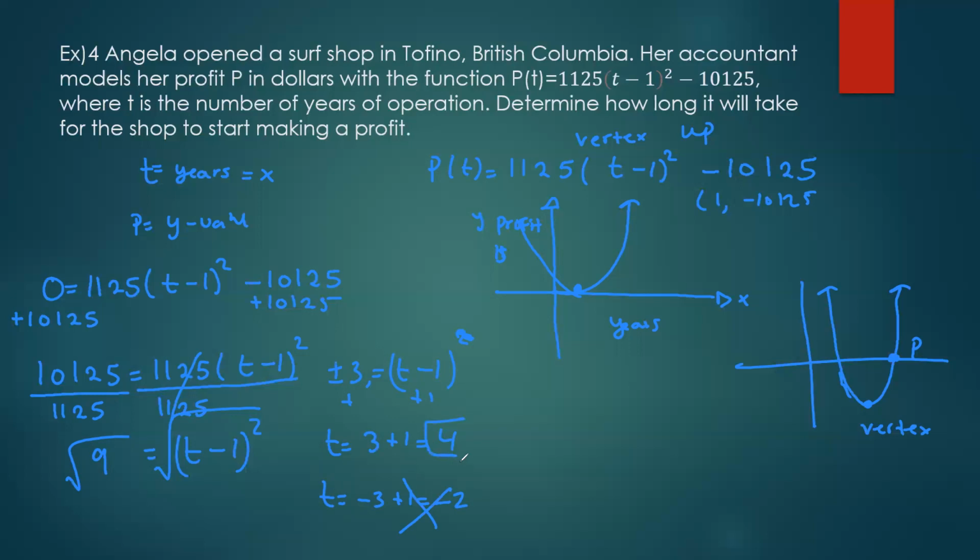Yeah, it says describe how long it will take for this shop to start making a profit. So let's write it as a complete sentence. You could say it would take 4 years to start making a profit.